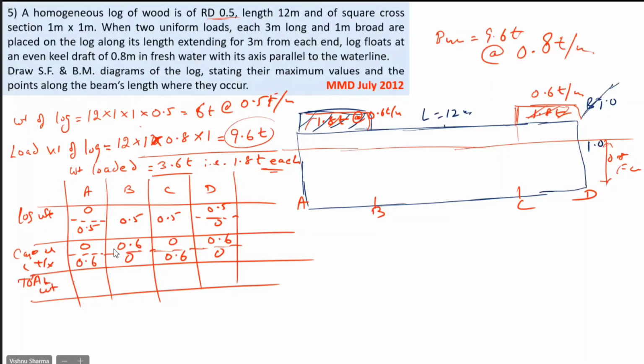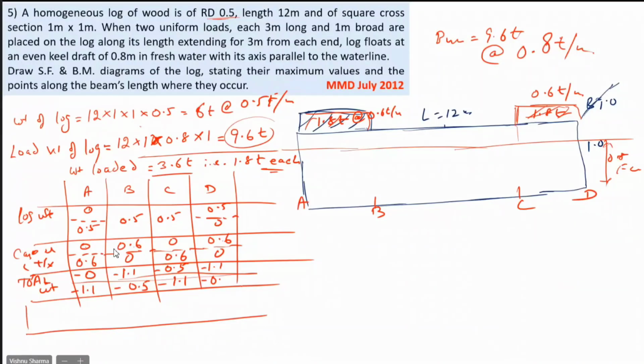In tons per meter, all the 4 will be divided. 0, 1.1, 1.1, 0. No, sorry, 0.5. This is 0, this is 1.1. Then this is 1.1, this is 0.5. This is 0.5, this is 1.1. This is 1.1, this is 0. We put minus sign to it.